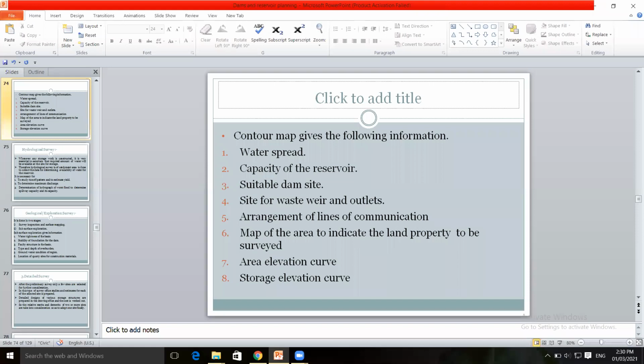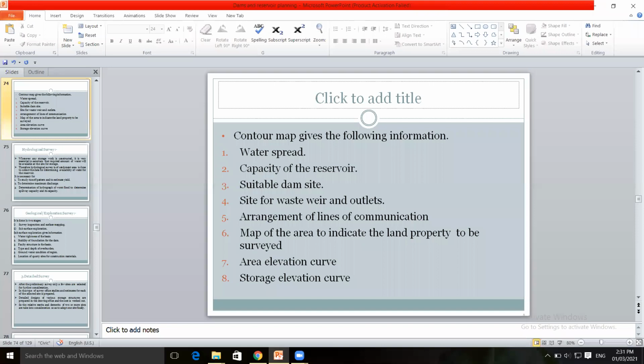And map of the area which shows the land property to be surveyed. How much land property we will have to survey. The area property adjoining to that dam site, how much the area is covered by that particular cities or villages.